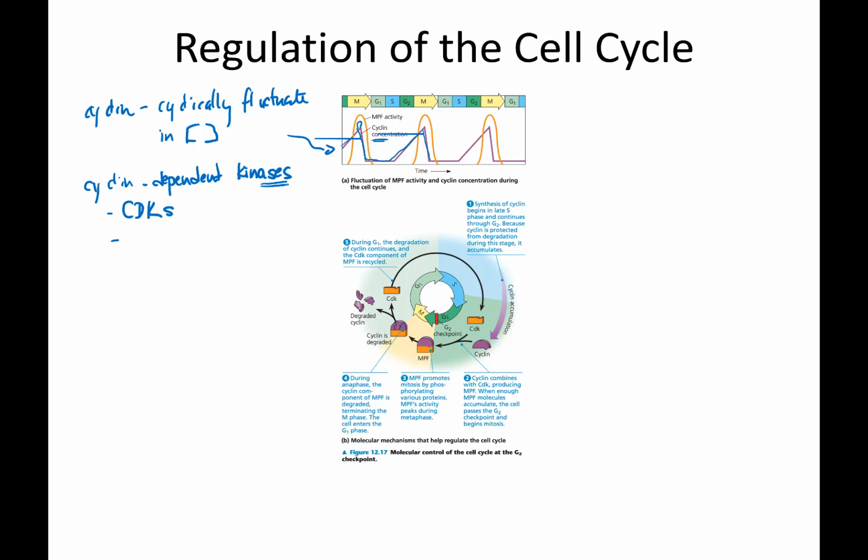What kinases do is that they add phosphate groups to proteins. And when you add phosphate groups to a protein, it's called phosphorylation, or phosphorylate as a verb. Some proteins get activated when they're phosphorylated. Some get turned off when they're phosphorylated.